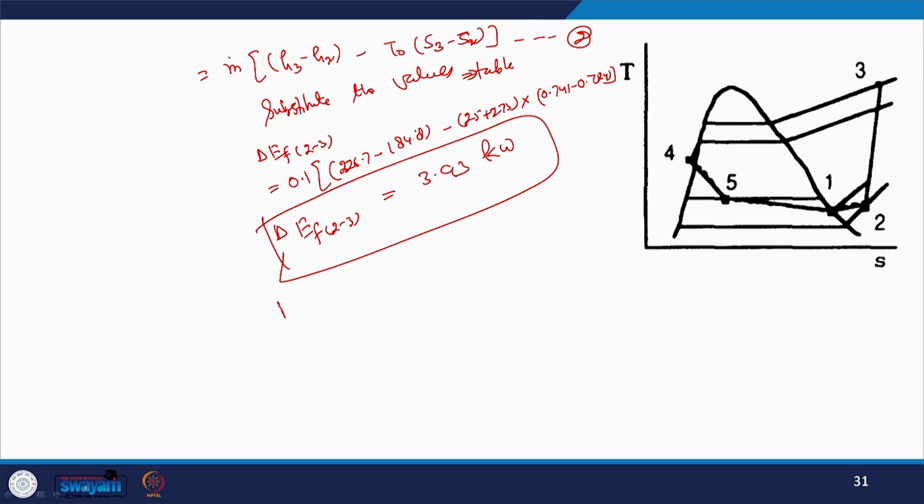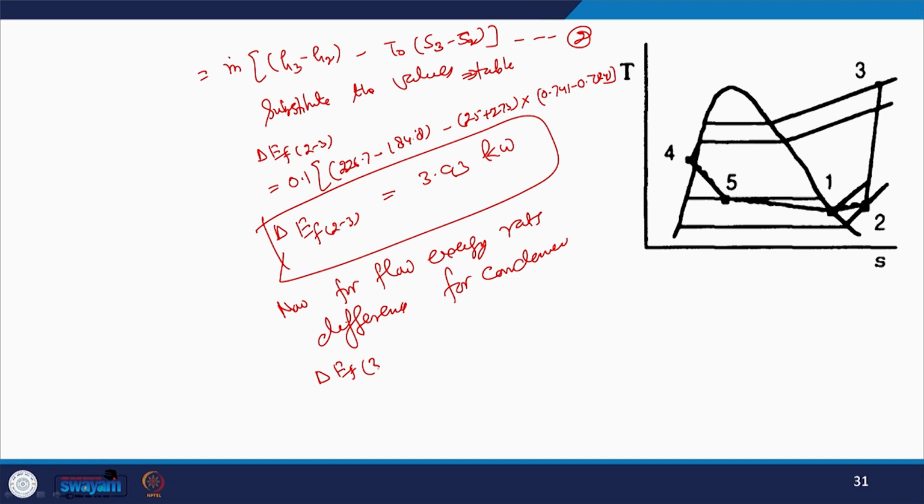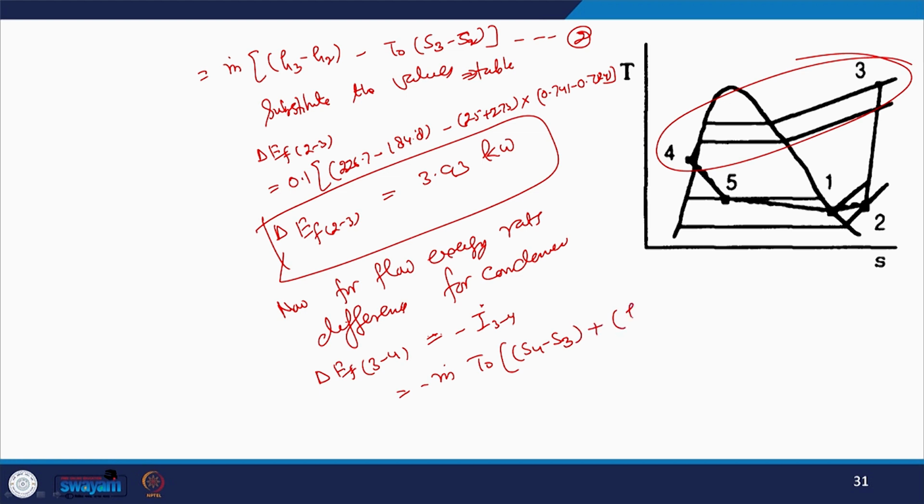Now for the flow exergy rate difference for the condenser, that is EF 3 to 4, is equal to minus I 3 to 4, and that is minus m T naught (S4 minus S3) plus H3 minus H4, and that is equation number 3.